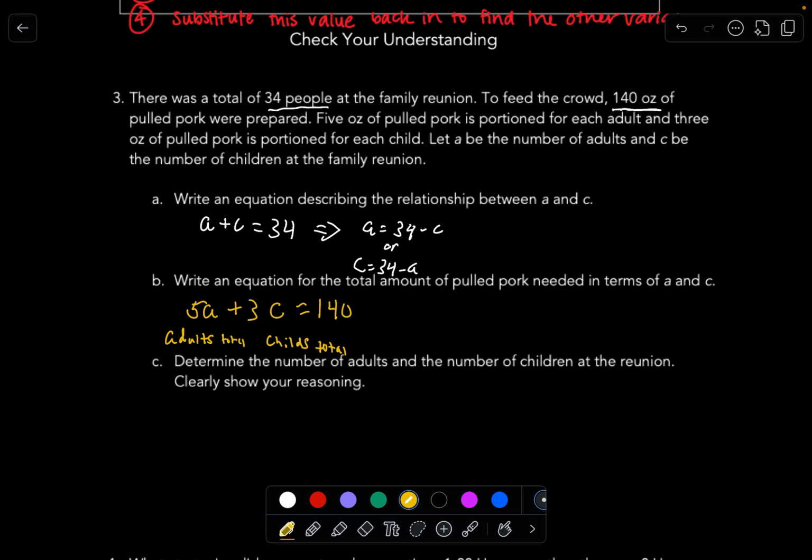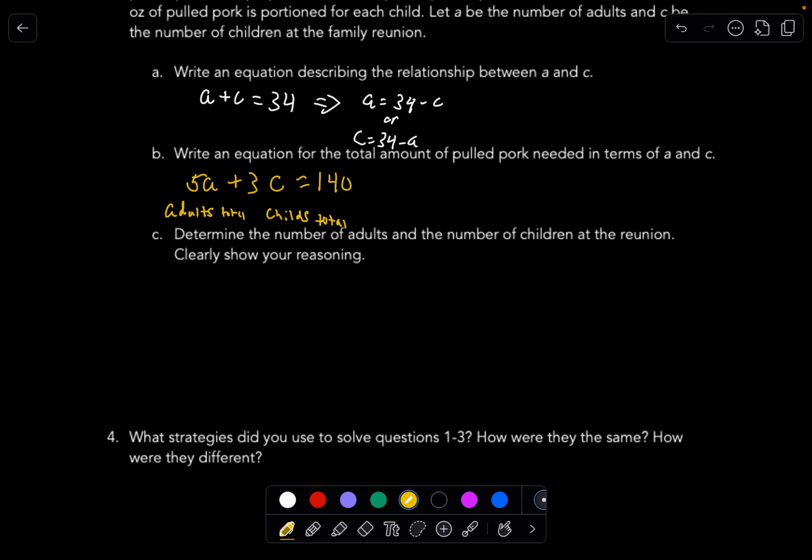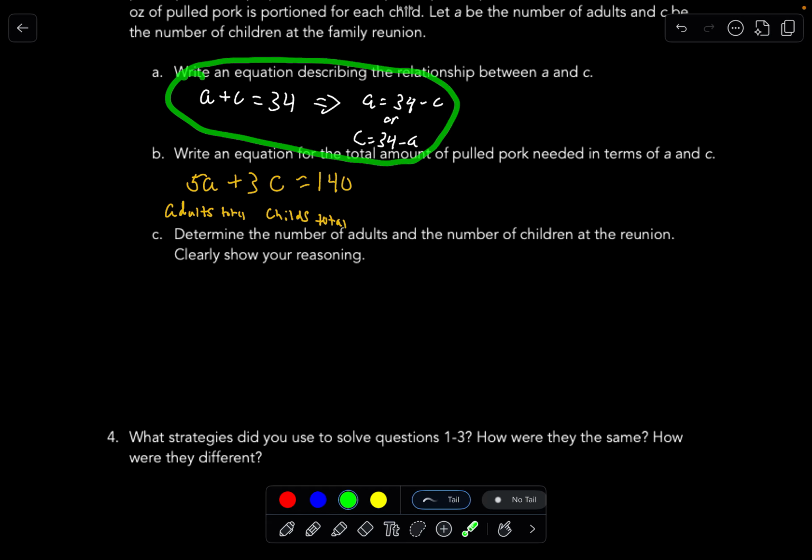All right, so the question is, determine the number of adults and the number of children at the reunion. Clearly show your reasoning. Well, we have two equations and two unknowns. We can use the top equation, right up here, to replace one of the variables in the bottom equation.